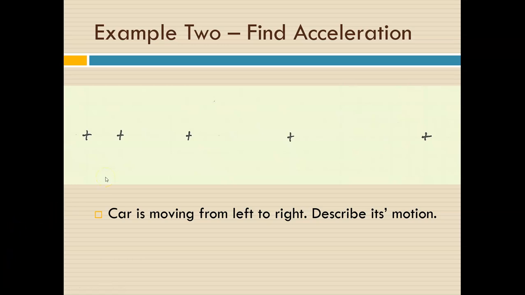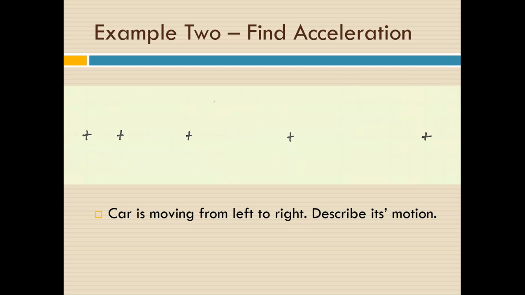To make the acceleration arrows is not hard. Remember our definition that acceleration is the change in velocity divided by the time interval. Just like velocity is our change in position divided by the time interval.